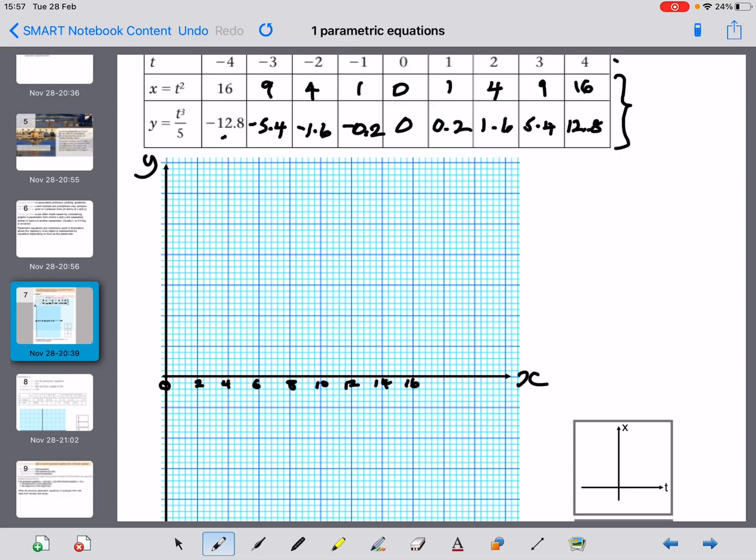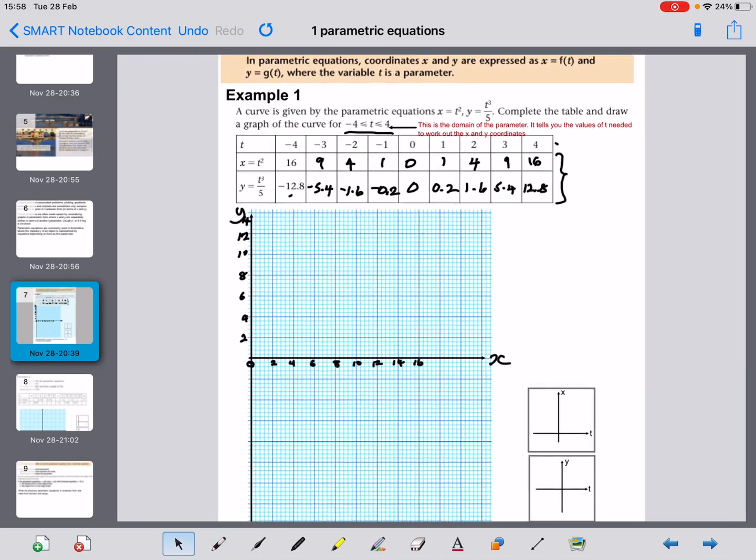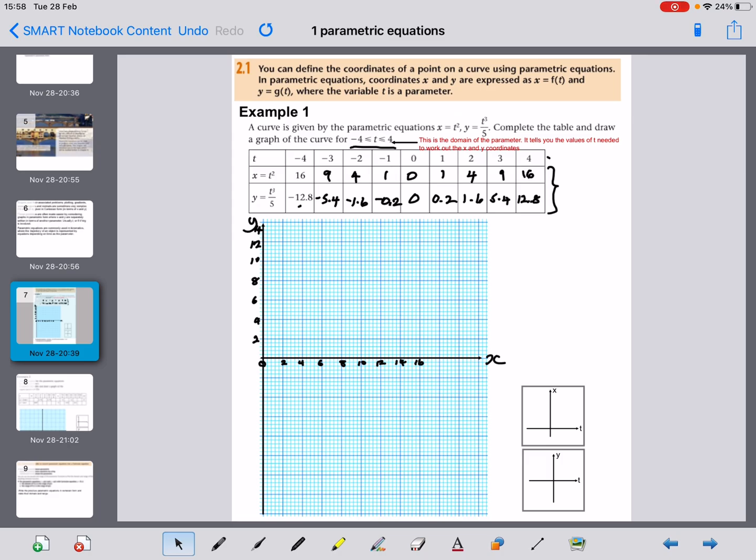And then I need to go from -12.8 to 12.8. So 2, 4, 6, 8, 10, 12, 14. And then -2, -4, -6, -8, -10, -12, -14.